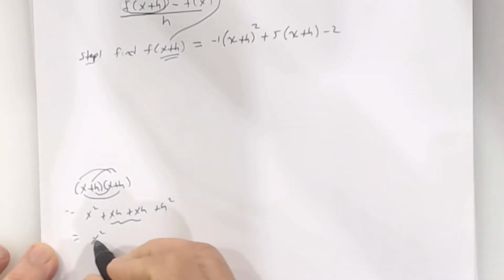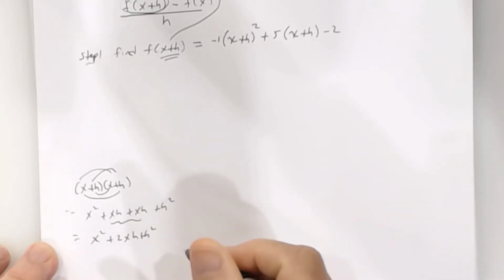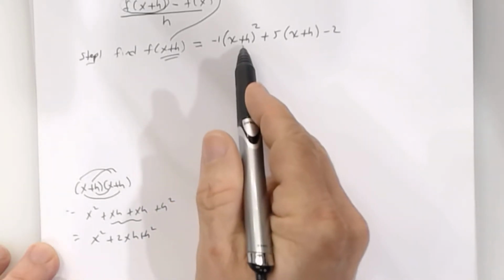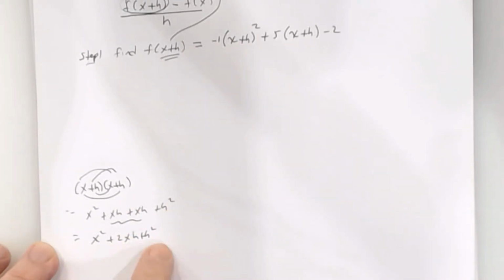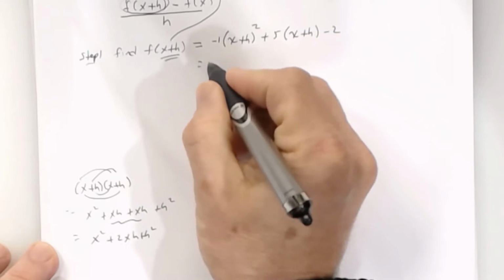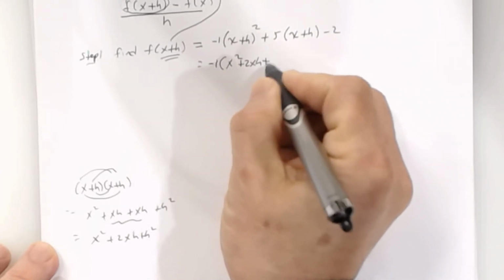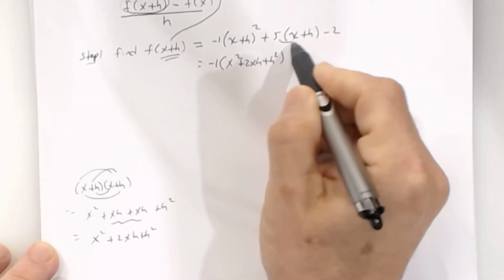Combine like terms, you get x squared. And then how many xh's are there? Okay, so I get 2xh and then plus h squared. Okay, so that's this right here. But that trinomial has to be multiplied by what? -1. All right, at this point, I'm going to go ahead and distribute the 5.